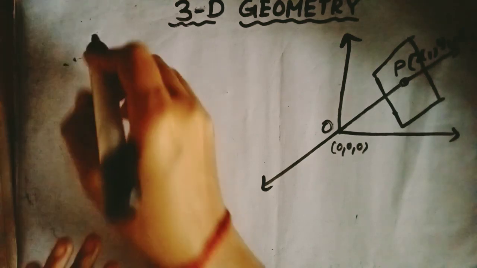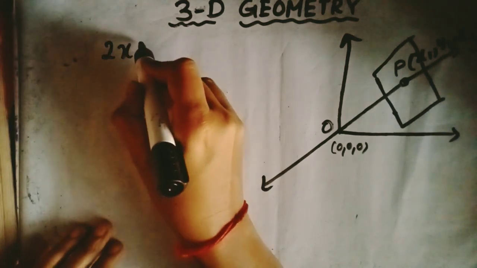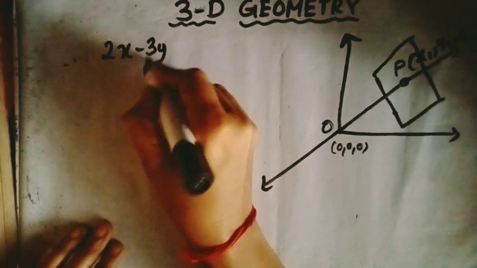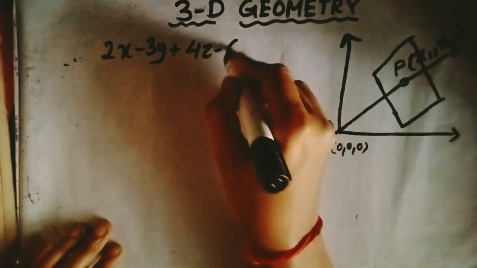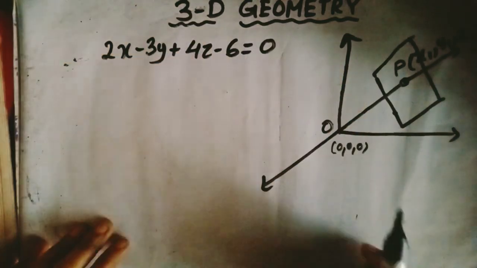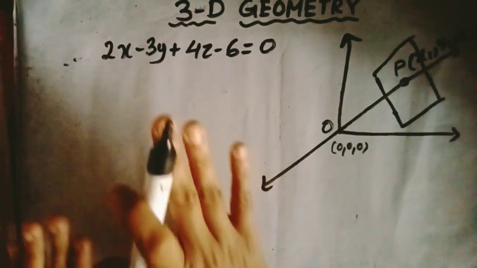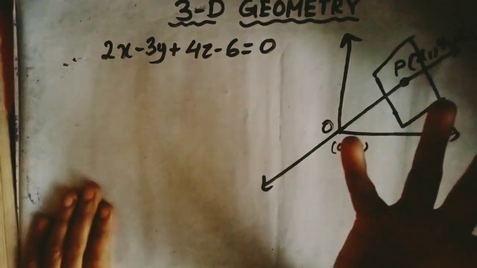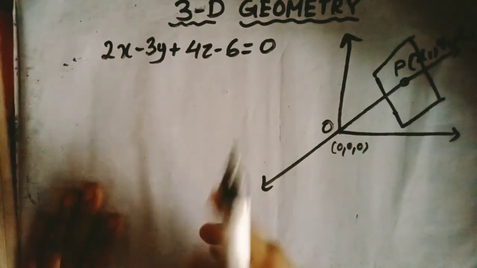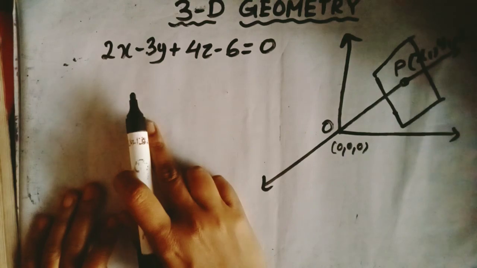And equation of the plane is given 2x minus 3y plus 4z minus 6 equal to 0. Okay, now first you have to write this equation of the plane in normal form, that is with distance and all. Okay, so first you find out the direction cosines.